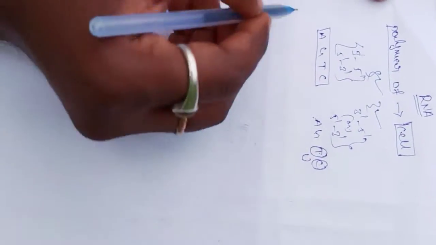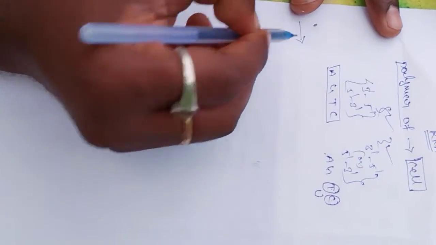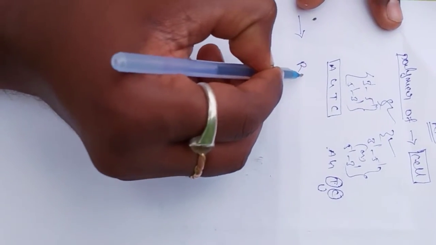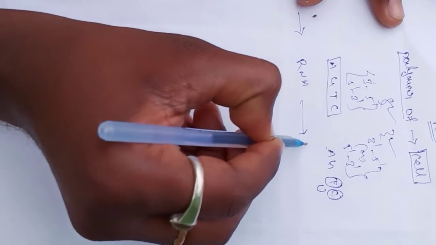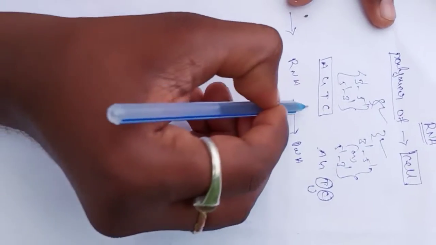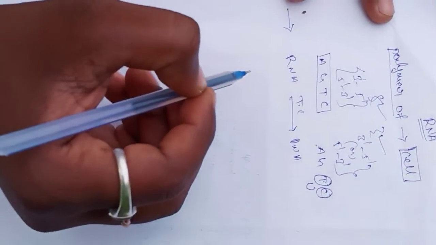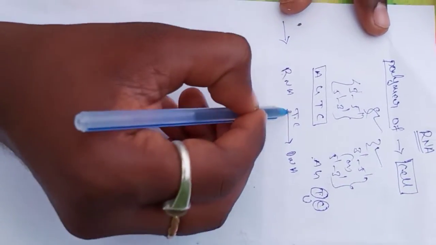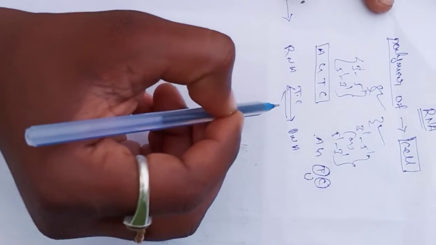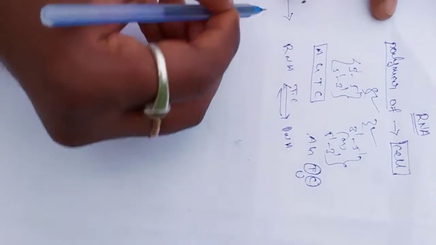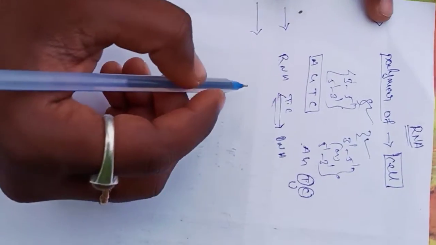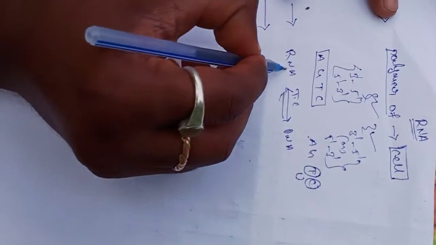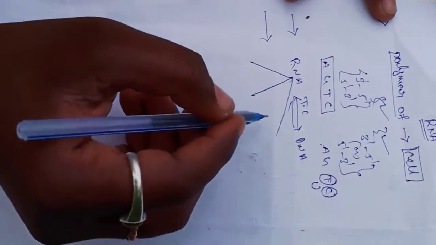The next one: RNA is synthesized from the DNA by the transcription process. So the RNA is classified into three types.